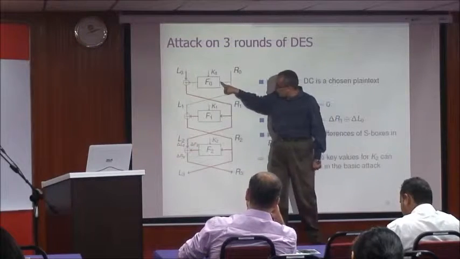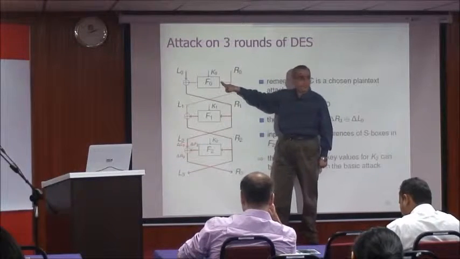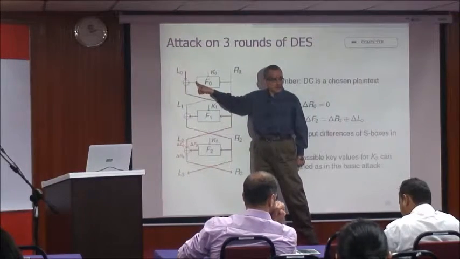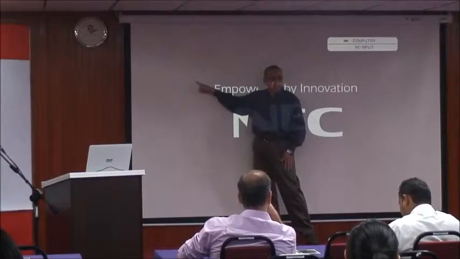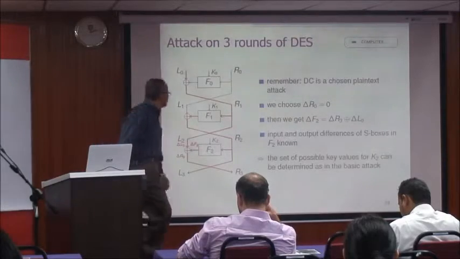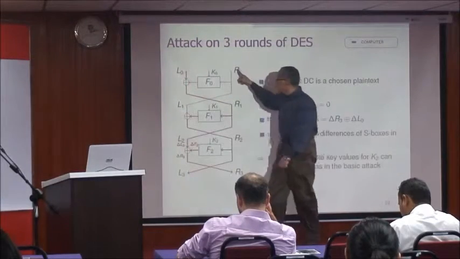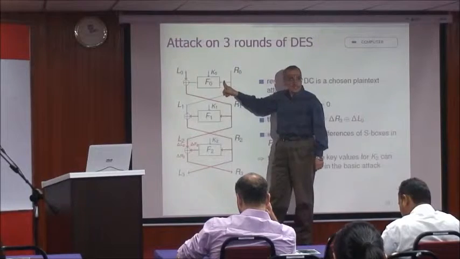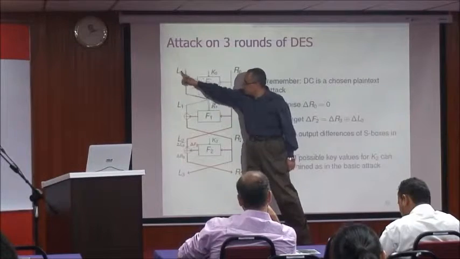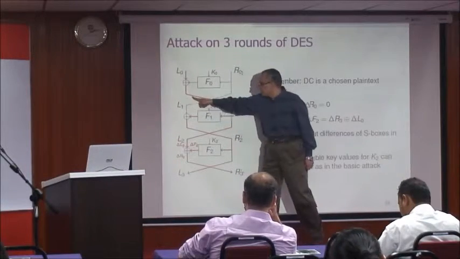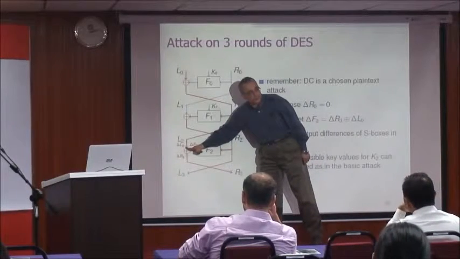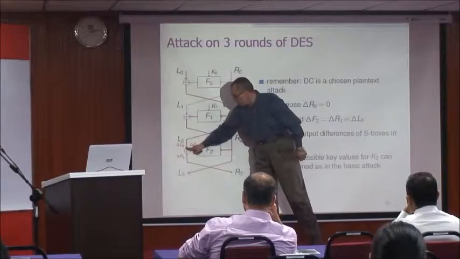When I have 0 difference going into a substitution function, if you don't change the input, you don't expect the output to change. So if you have 0 difference coming in, you should have a 0 difference coming out. So the difference at this point should be delta L0. So delta L0 travels to here, to here, to here. So here I have delta L0, which is controlled by the cryptanalyst.